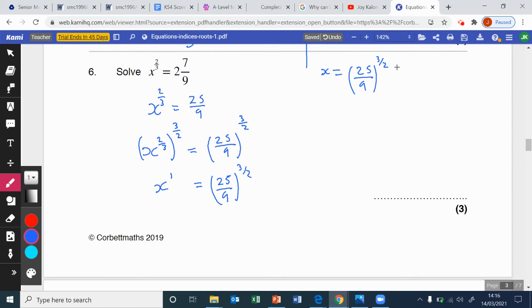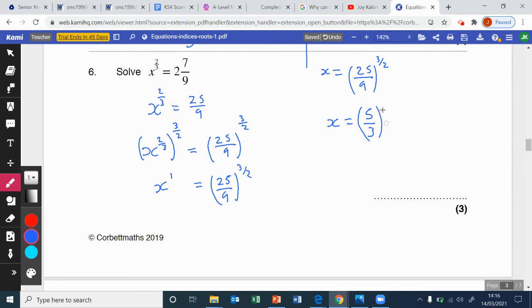This 3 over 2 means I'm taking the square root of these numbers and then I'm cubing the answer. So conveniently, 25 and 9 are square numbers. If I take the square root of 25, I get 5. If I take the square root of 9, then I get 3.